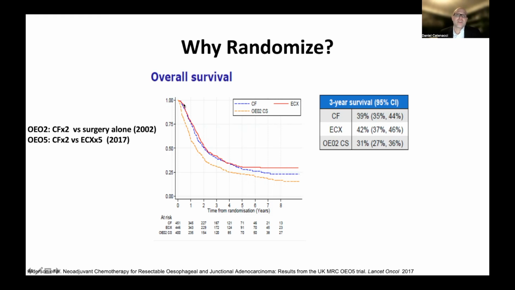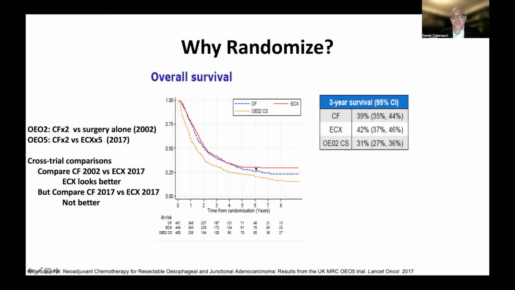Then we see the 2 arms of the OEO5 study showing the survival curve of cisplatin and 5-FU in blue and ECX in red. And so what we learned from this is something called cross-trial comparisons, where we have a result from one study and a result from another study, and we're trying to compare outcomes across the different studies.